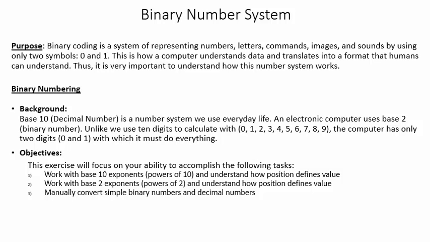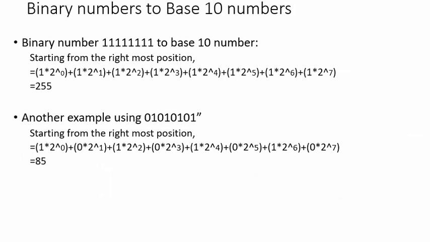And same thing, our computer takes a binary number system and converts it into the numbers or letters that we can understand. So that's why understanding the binary number system is important. And more specifically, converting binary numbers to base 10 numbers, or the other way around, base 10 number system to binary number system.